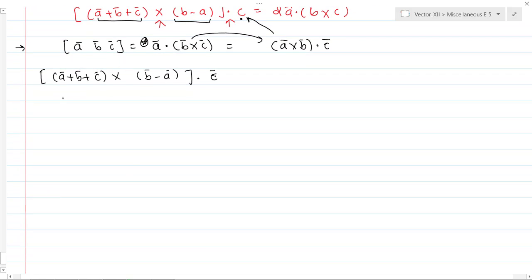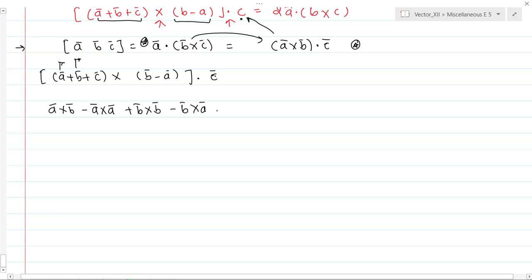Using this property is not the only solution, we can directly open this bracket here itself. So let's open that. A cross b, you will get first, multiplying with a, b and c respectively. So first you will get a cross b, plus, no, minus, so it is minus a cross a, then multiply with b, so we will have plus b cross b, then we will have minus b cross a.